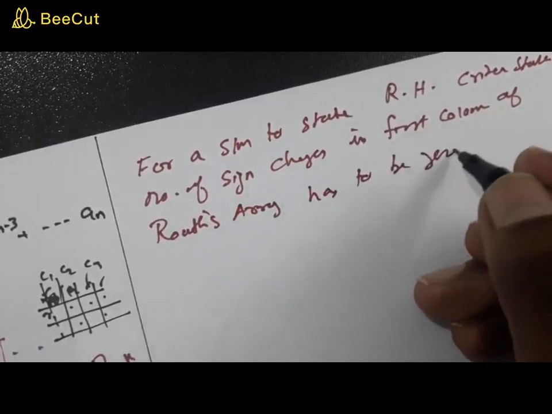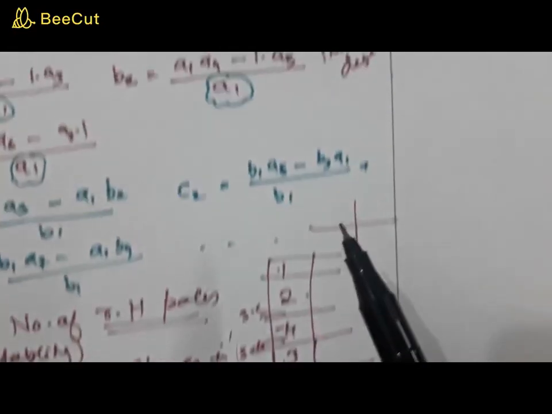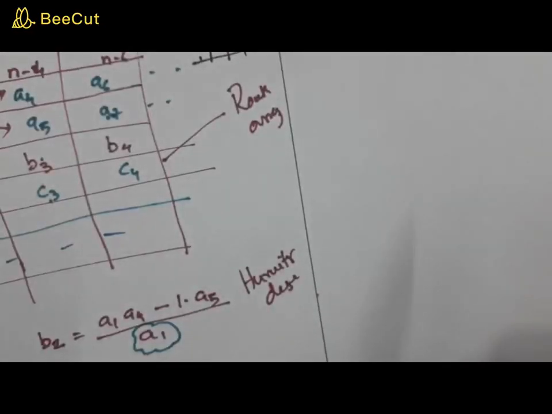Has to be 0. Okay, right? So in this case, the system is an unstable system because you have two sign changes. You will understand it as we do some problems applying this RH criterion.